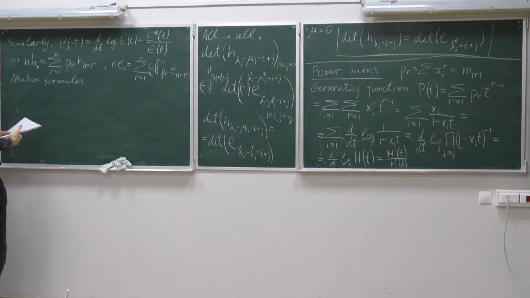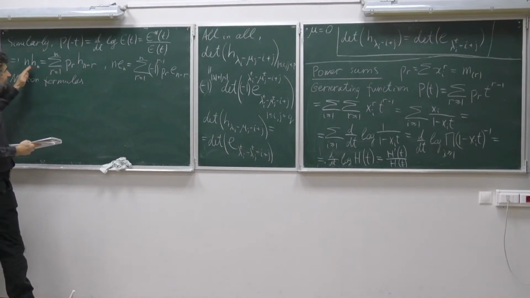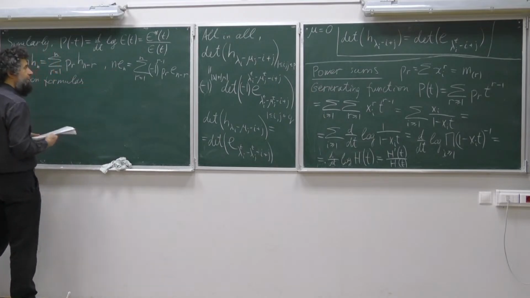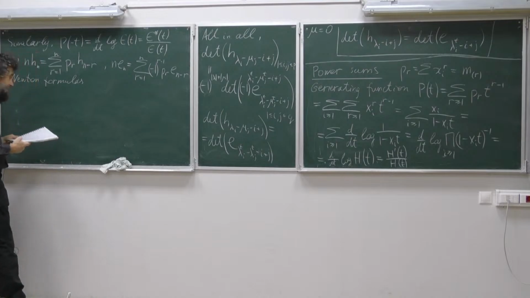So in particular, you see that if you invert all the integers and obtain rational numbers, then over rational numbers those p's generate the whole ring as well.